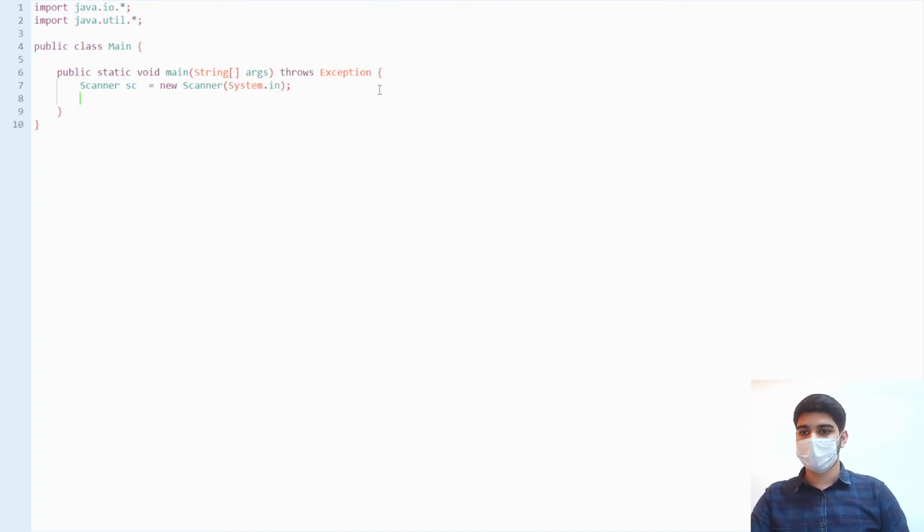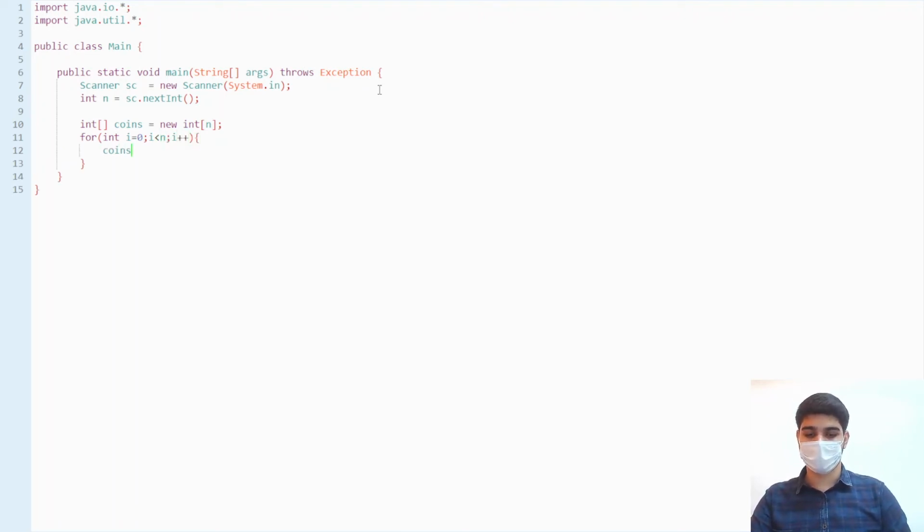Right? Then the very first thing that we have to take is n, which is the number of coins. Then the second thing is the coins array. Right? We have to create a coins array of size n, of course. And then we have to take all of those coins as input.